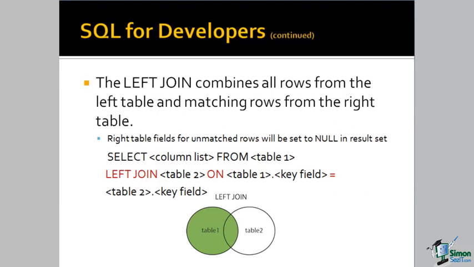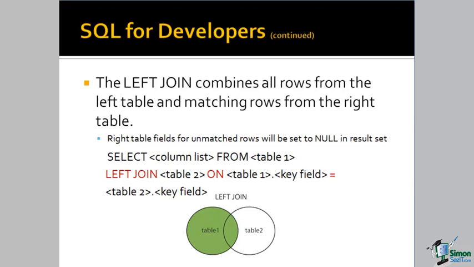In contrast to the very common inner join is the left join. The left join returns all of the rows from the left table and the matching rows from the right table.